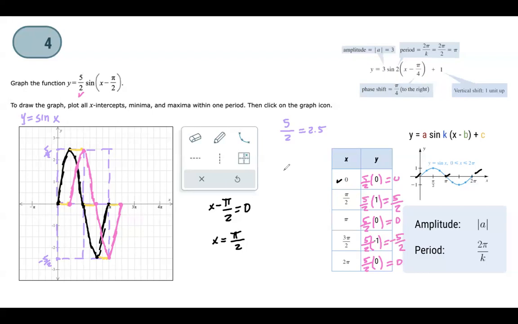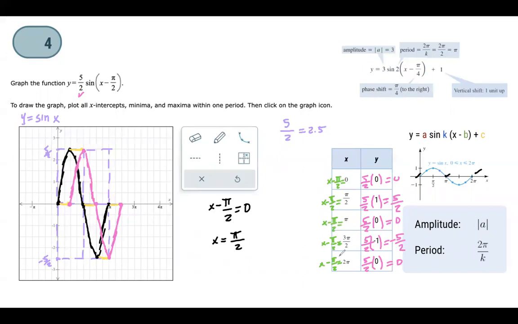Exactly what we got. Now, if you want to find what happened to x, I'm going to use green, you're going to set the argument of the sine entirely equal to all of those values. So x minus π/2 equals 0, x minus π/2 equals π/2, x minus π/2 equals π, x minus π/2 equals 3π/2, and x minus π/2 equals 2π.